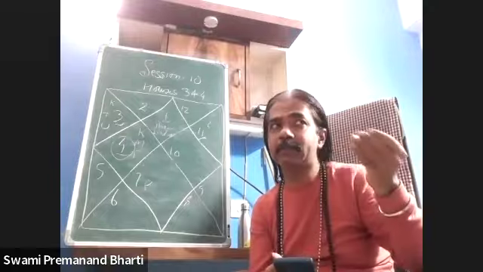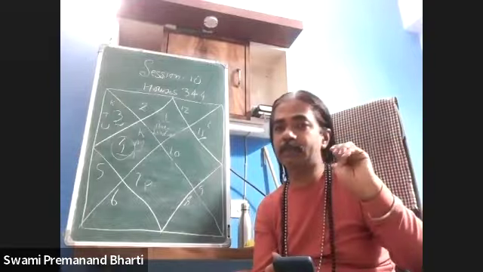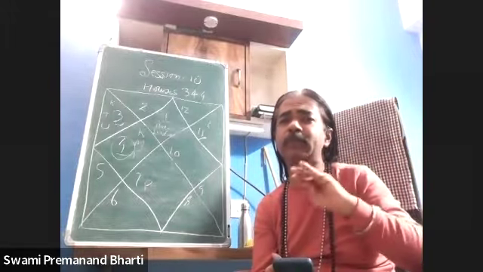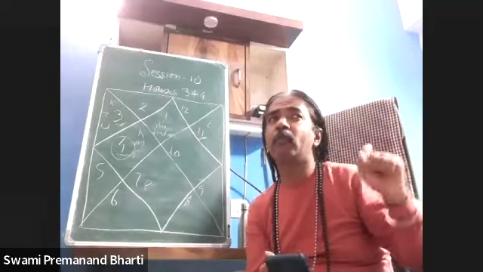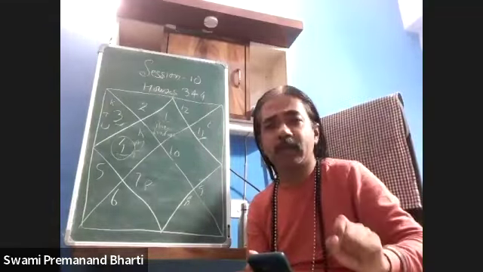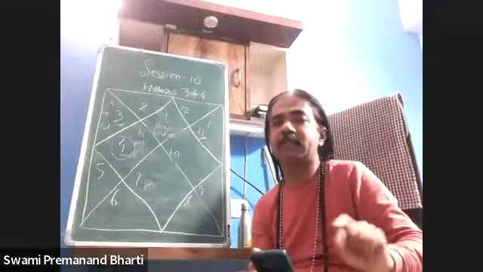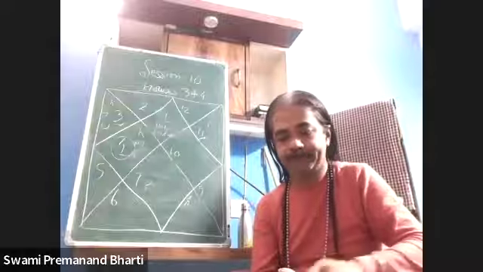This is why fourth house represents your vehicles also, your two wheelers, four wheelers, your ACs at home, fridge at home, whatever makes your life convenient is fourth house.